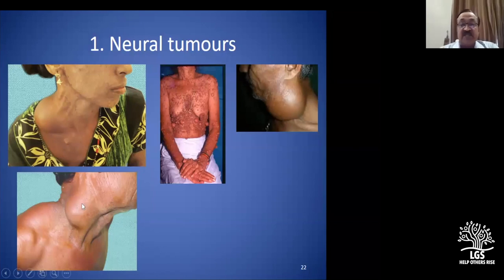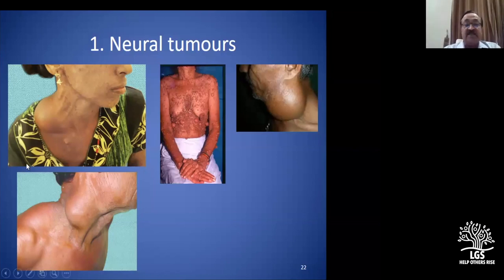And these are the ones which are arising from the nerve tissue itself. Neurilemmomas are arising from the Schwann sheath. They are of a softer consistency than a neurofibroma, which is more firm in consistency. So tingling and numbness in the distribution of the nerve typically goes well with a nerve sheath tumor.